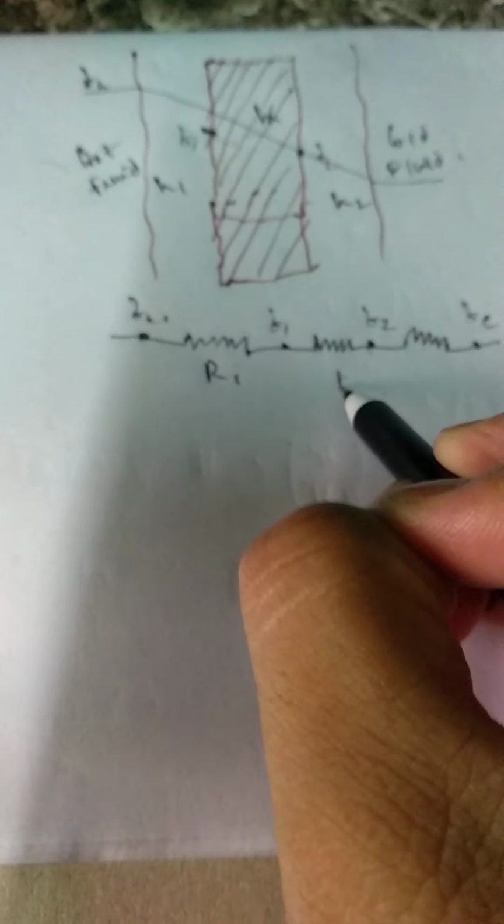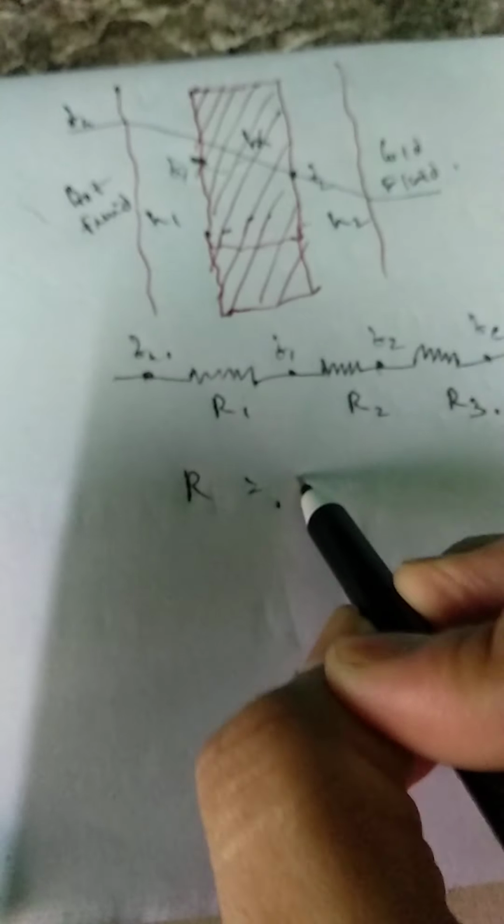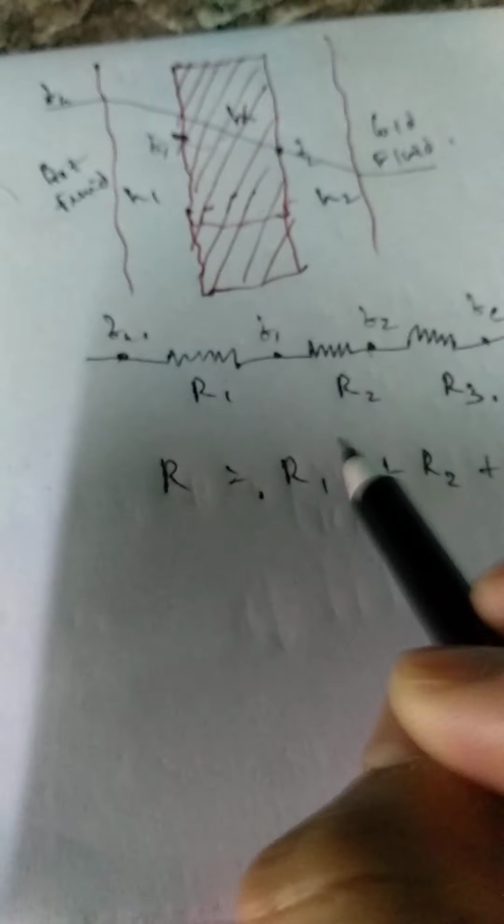Now we name these resistances as R1, R2 and R3. So the equivalent resistance of this circuit will be R is equal to R1 plus R2 plus R3.